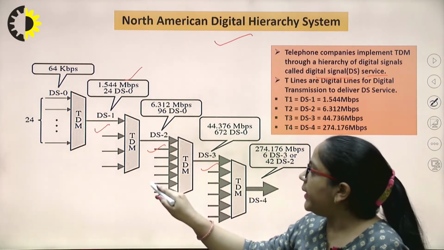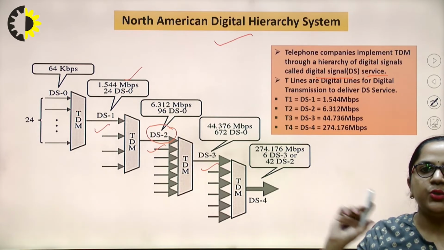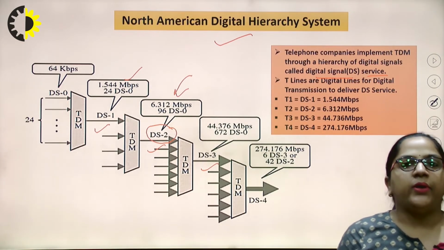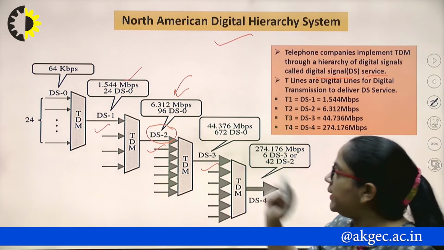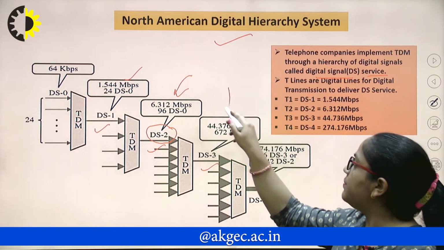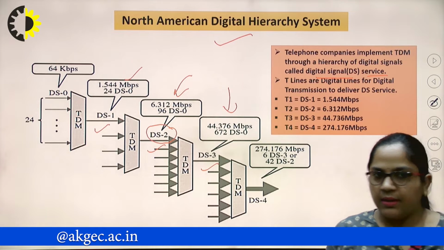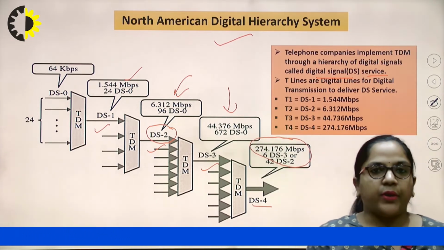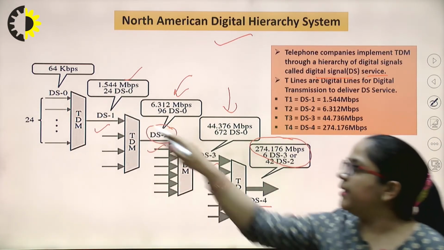Then the T2 line gives DS2 service, digital signal 2 service, where the maximum speed is fixed at 6.312 Mbps. Next we have the T3 line, DS3 service, with a maximum speed of 44.376 Mbps. Similarly, the next level gives a maximum speed of 274.176 Mbps. So how have we calculated this maximum speed in this hierarchy?